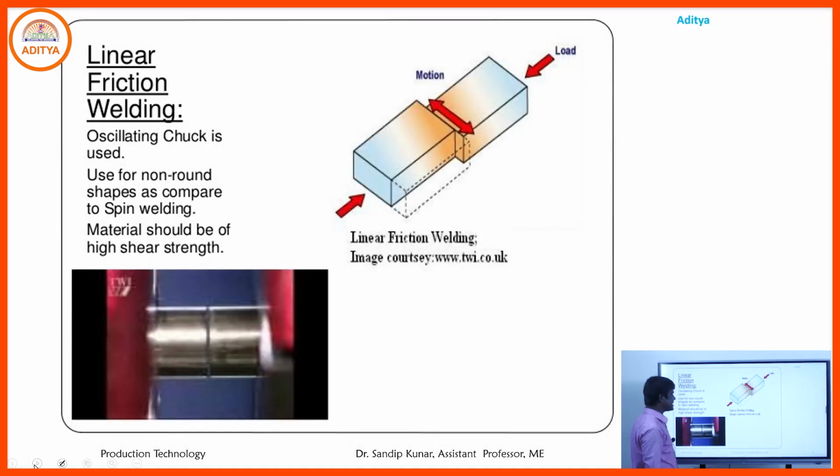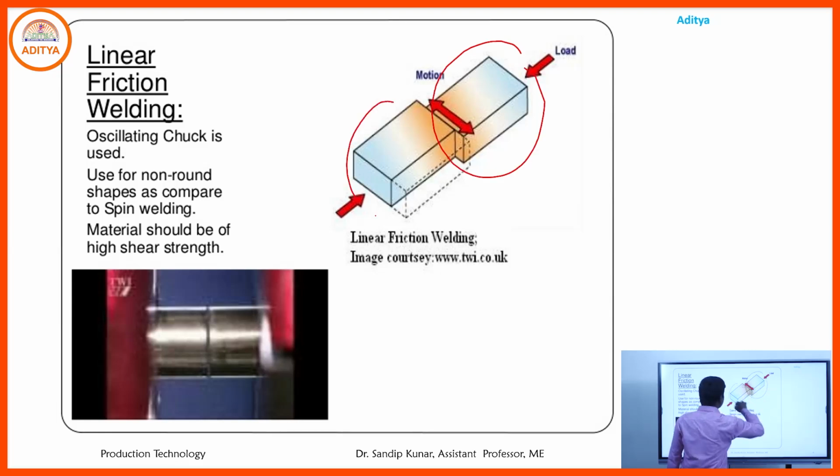Linear friction welding means both parts are block-type materials, which we hold properly.